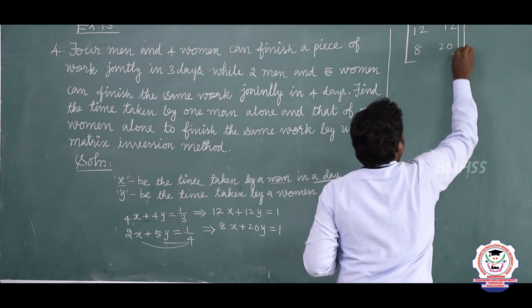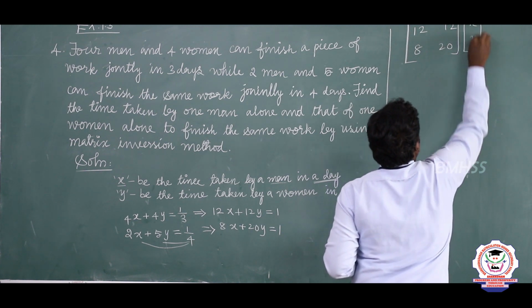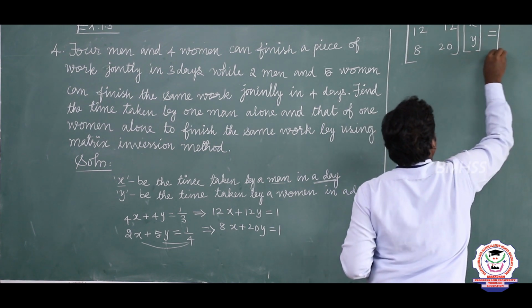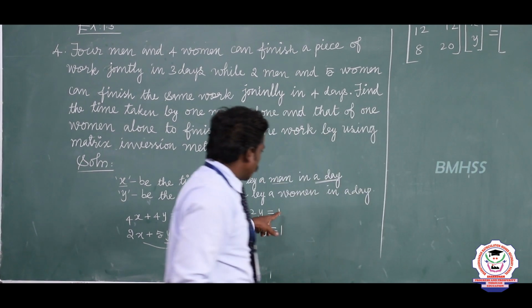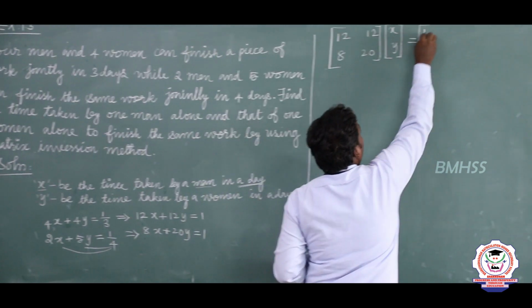From this, now x, y, which is equal to the constant values on the right hand side, that is the B matrix, 1 1.